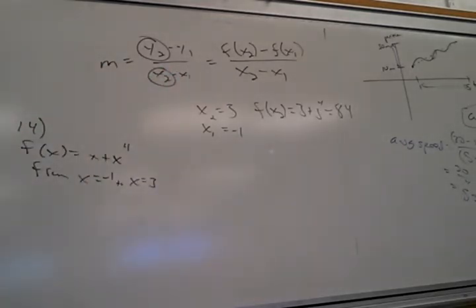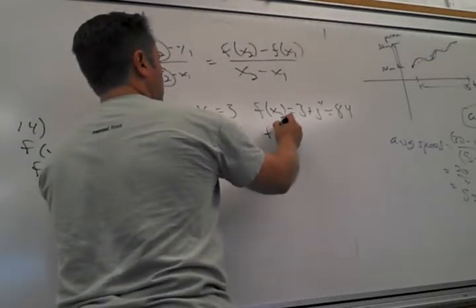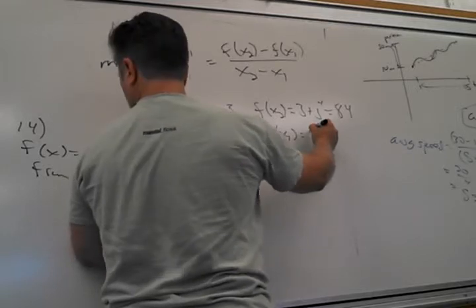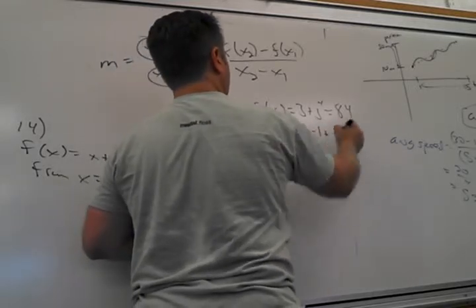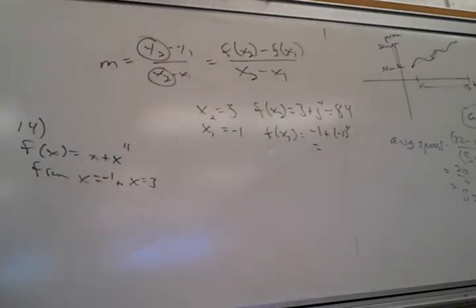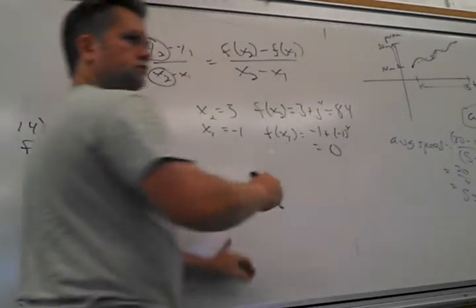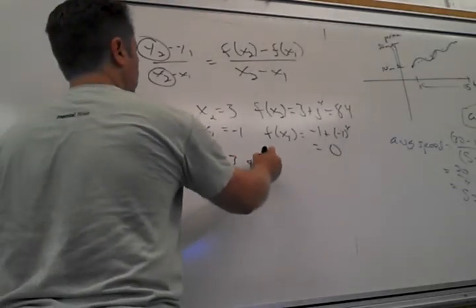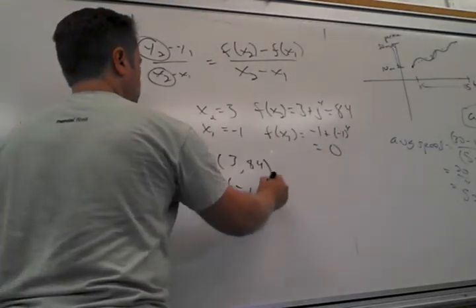Because of course f of x is just another name for y. And then f of x1, which is -1, would be -1 plus -1 to the 4th. -1 to the 4th is +1, plus -1 is 0. So really I have the points (3, 84) and (-1, 0).